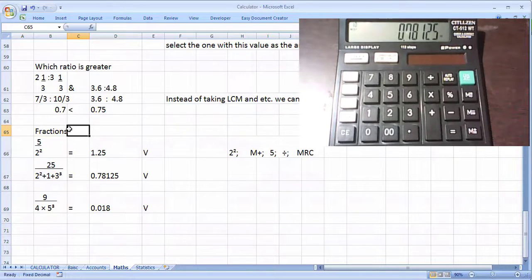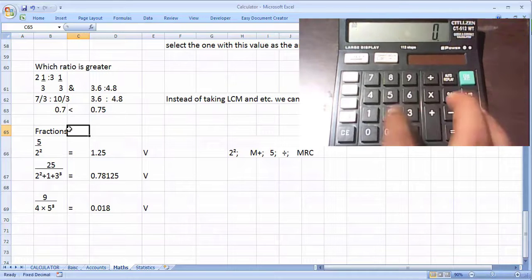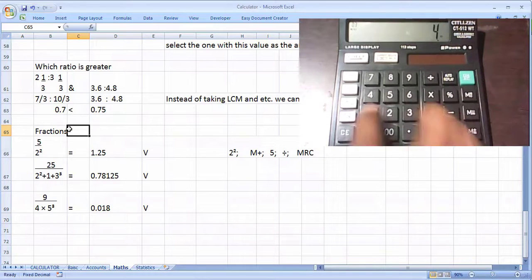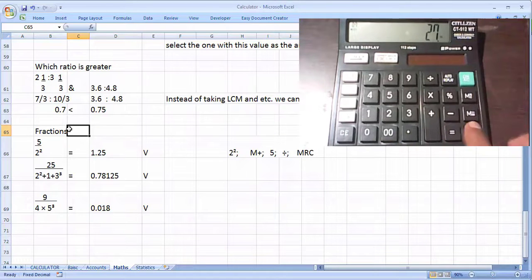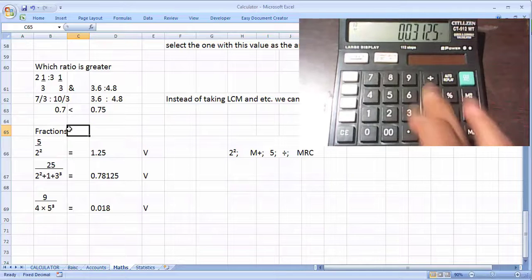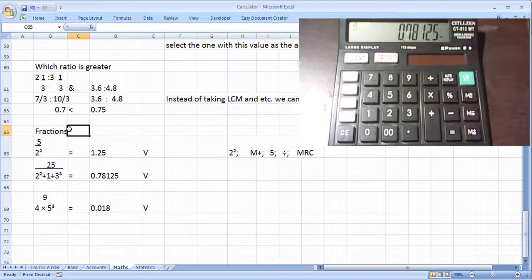So we can create this also. Again, if you want, you can do it another way also. 1 M plus, 3 into 3 times, M plus, MRC, we got it, right? Just press divided by, equals. The denominator value will be converted, and into the numerator 25 gives you 0.78125, the same value.